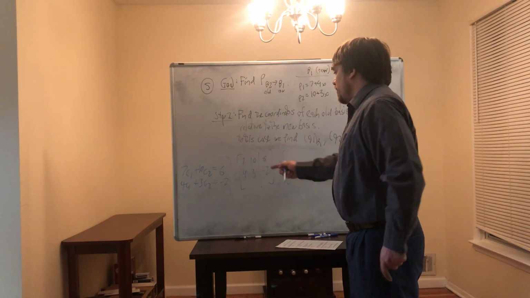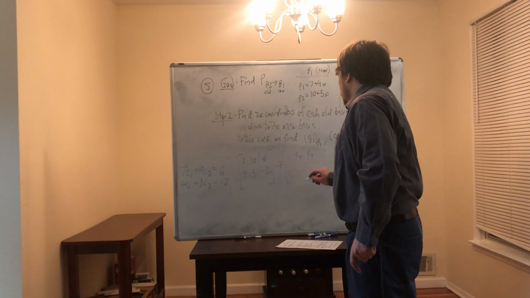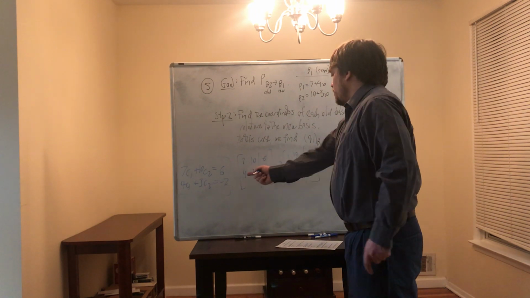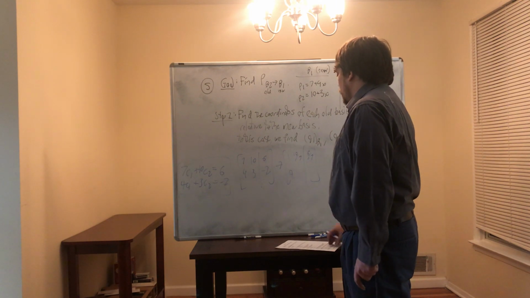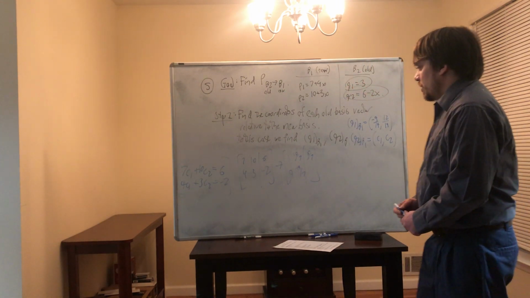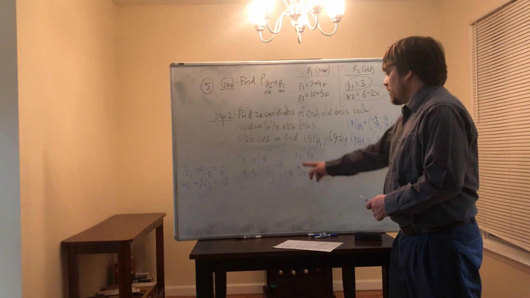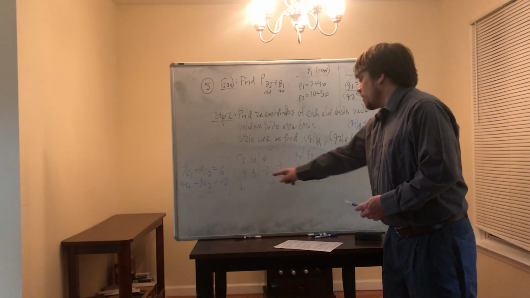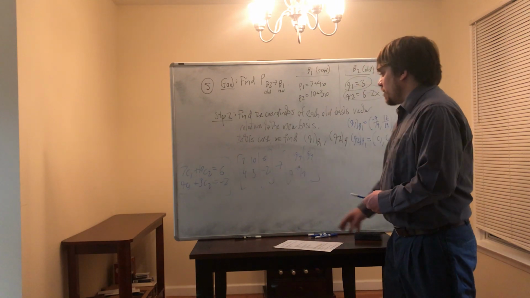So I'm going to take 1/7 times the first row, I'll get 1, 10 sevenths, 6 sevenths. And then I'm going to take negative 4 times this and add it to the second row. And negative 40 over 7 plus 3, which is negative 19 sevenths. That's because you're taking negative 4 times 10 sevenths and adding it to 3. So you get negative 40 sevenths plus 21 sevenths.